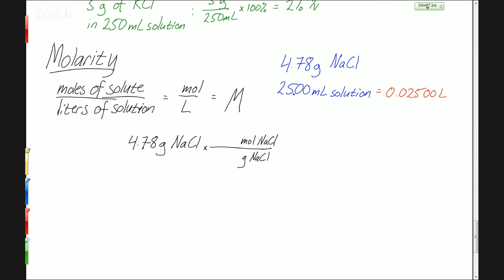To do that, we look to the periodic table. We add up those masses. So sodium is 23 and chloride is 35.5. That's 58.5 together. Grams cancel and we're left with moles. I did that calculation and I got 0.0817 moles of NaCl.